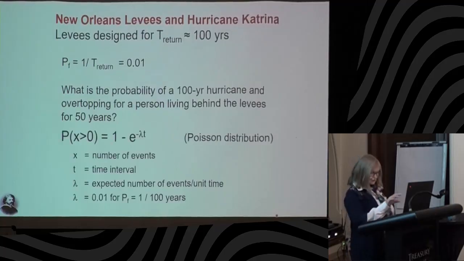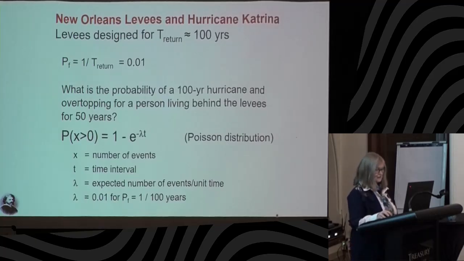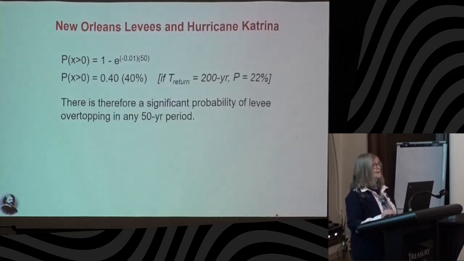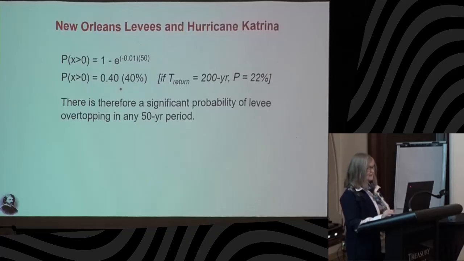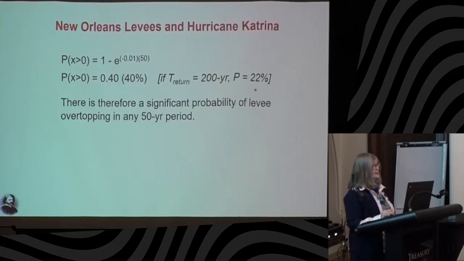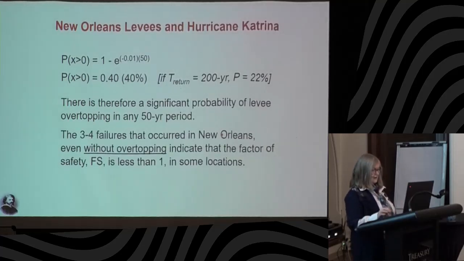You can do a small calculation with this equation with the Poisson distribution, and the calculation tells you that if you live there for 50 years, there's a 40% chance that you will be affected by a hurricane with a return period of 100 years. If you use a return period of 200 years, 22%. So there's a significant probability, if you live there, of the levee being overtopped during the 50-year period and location.